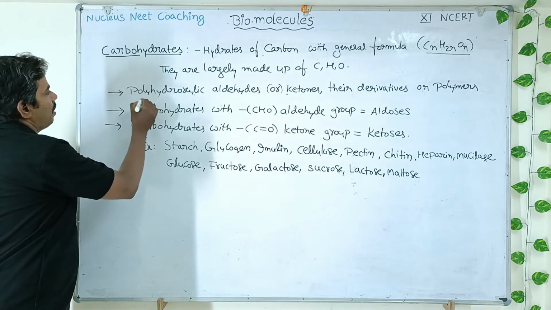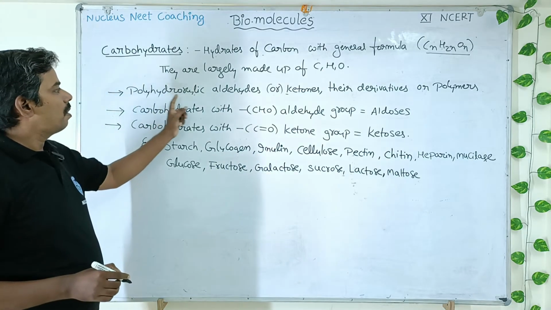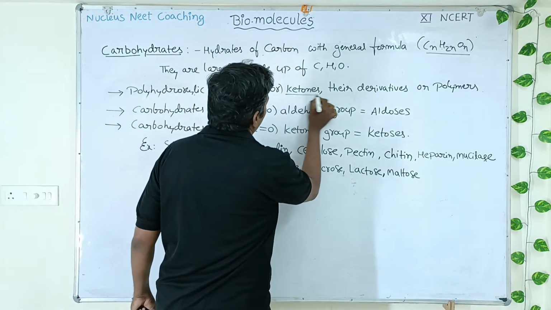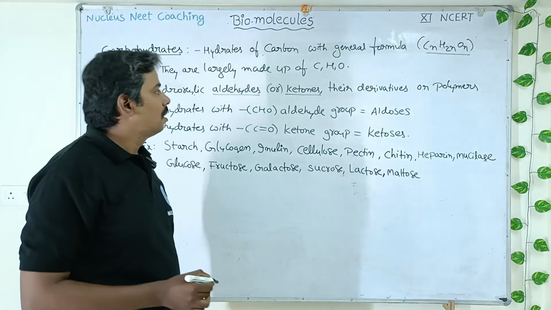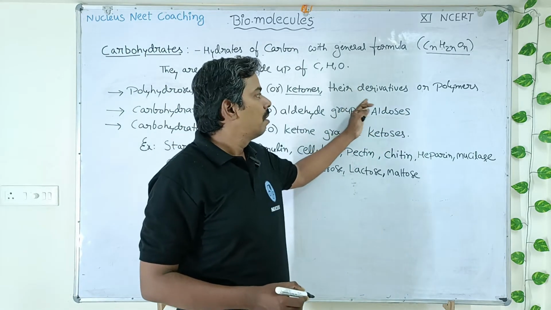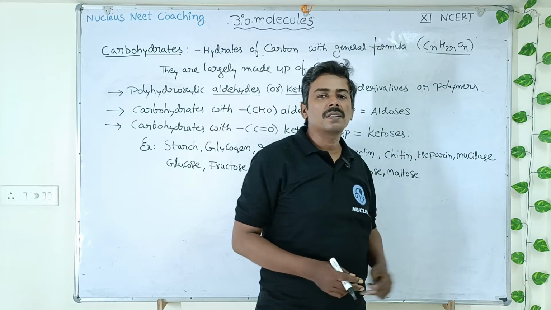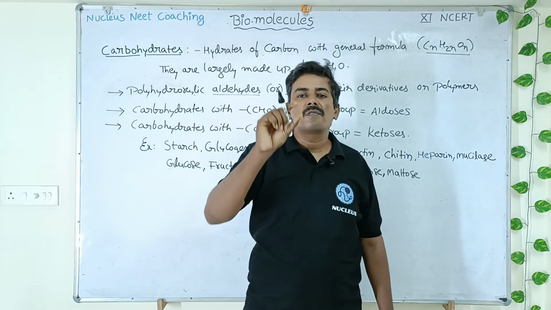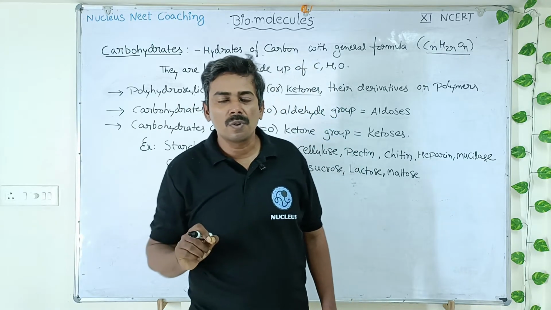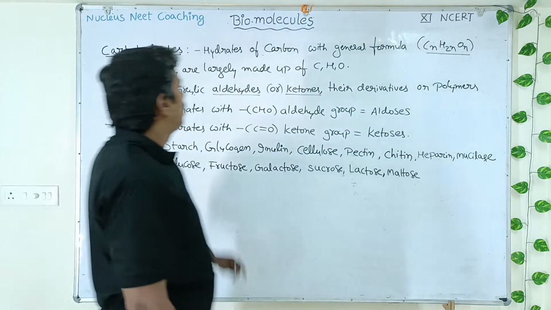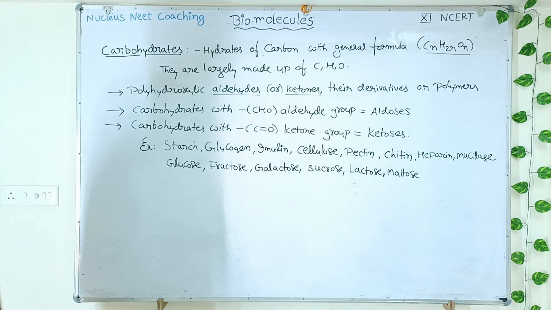Carbohydrates are polyhydroxy aldehydes or polyhydroxy ketones, and their derivatives or polymers. What are polymers? Large molecules with high molecular weight which are made up of small repeating units called monomers. So this is the second definition of carbohydrates.